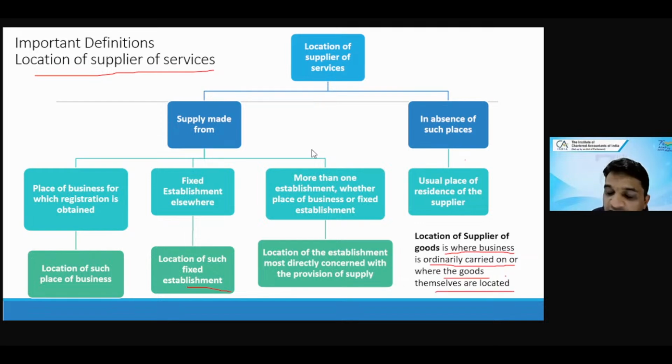Where you ordinarily carry on business, that is the location of supplier, because in the case of goods, the place from where the goods move is the place. So we understood location of supplier of services and location of supplier of goods.